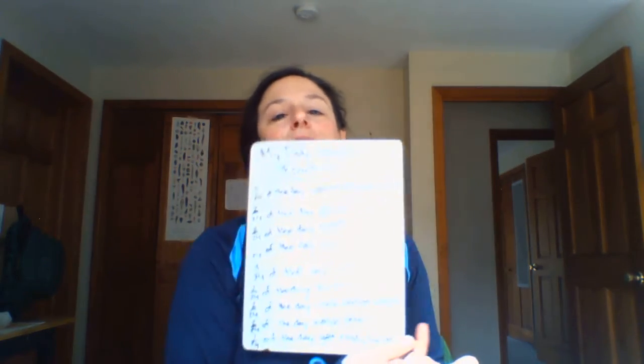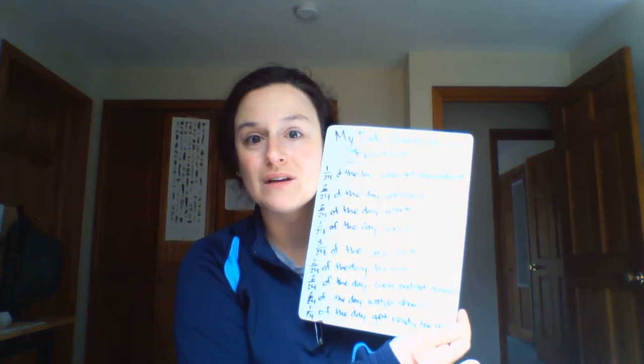So I really want you to do that with your 3 activities of choice, because I didn't just write my schedule with how much I'm doing of what. I wrote it in order of how I do things.